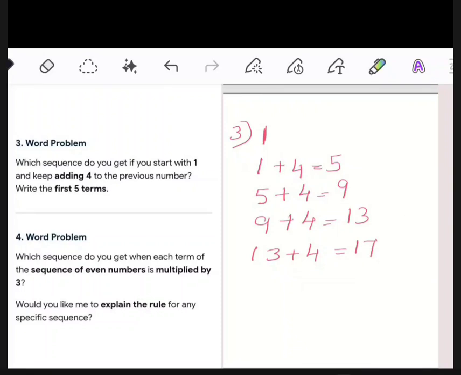So like this, to find the first 5 terms, start with 1 and add 4 repeatedly. Okay? So the first 5 terms are 1, 5, 9, 13 and 17. Okay, clear?